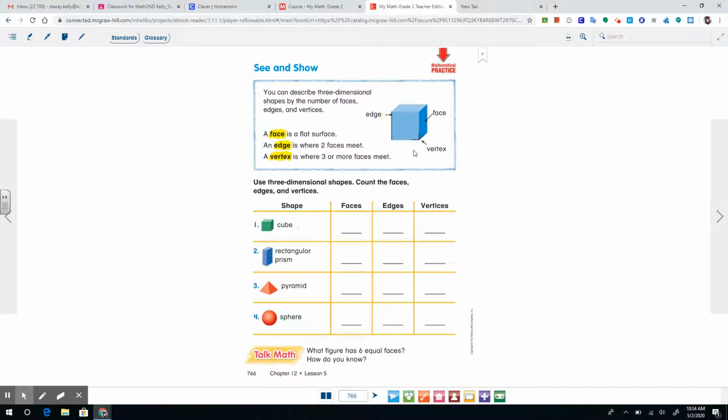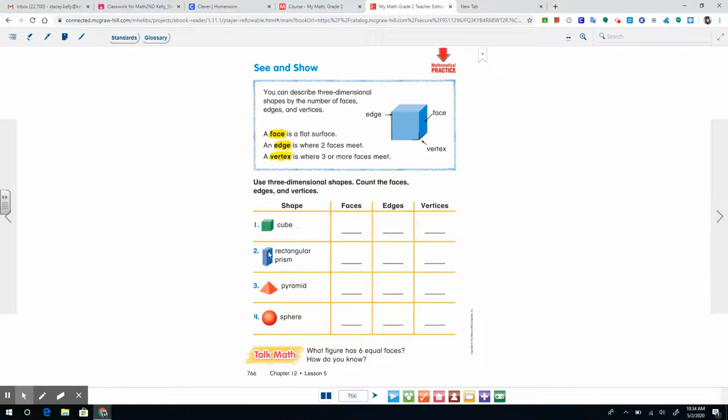cube. If we were to count the edges, now we've got to count all these edges. There's a lot of edges on a flat cube because you've got 1, 2, 3, 4, 5, 6, 7, 8, 9, 10, 11, 12. And then if we were to count the vertices, those are the points. 1, 2, 3, 4, 5, 6, 7, 8.